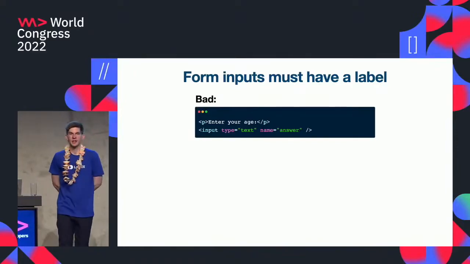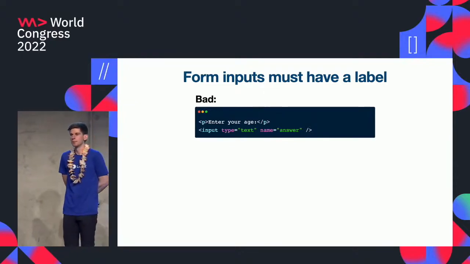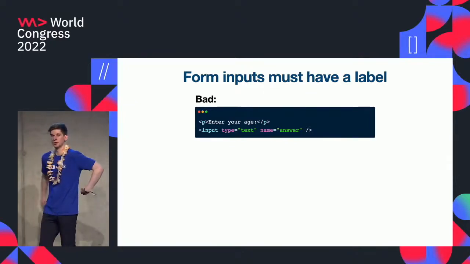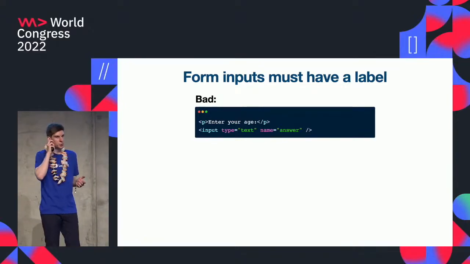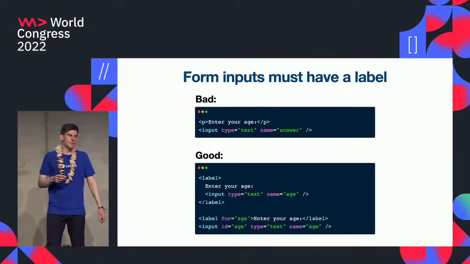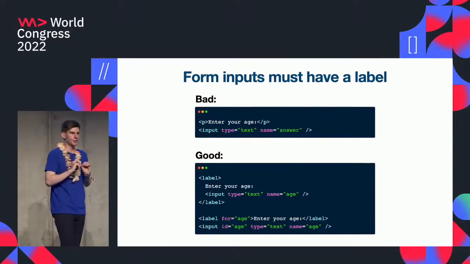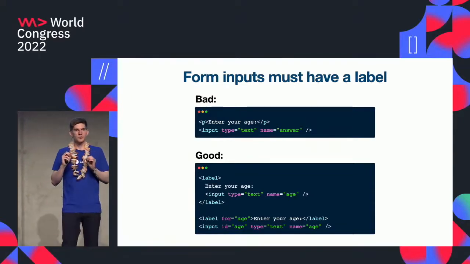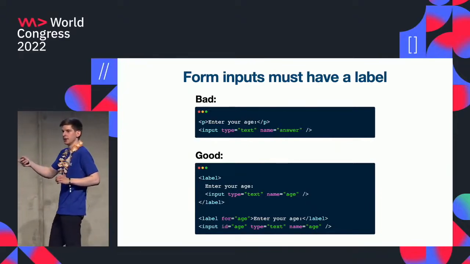Form inputs must have a label. This one is a pretty bad form input. The screen reader would not be able to associate the paragraph text above the input with the input itself. The right way to do this is to either wrap the input in the label element, or you give the input an ID and use the for attribute with that ID on the label.